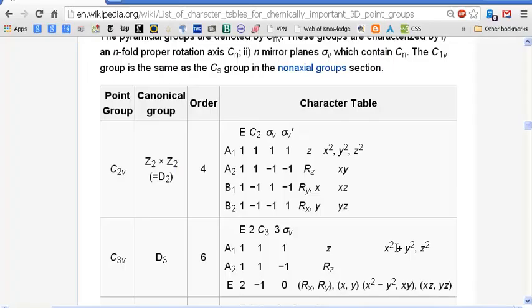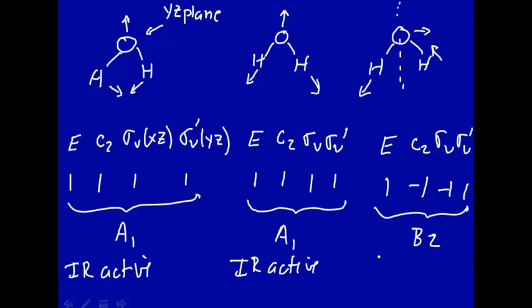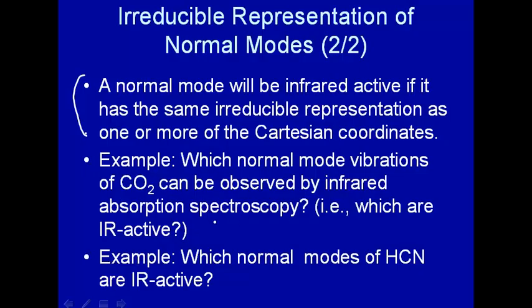Let's look at B2. In the character table for C2v, the y-axis also has B2 symmetry. So since this normal mode has B2 and the y-axis, one of the Cartesian coordinates, has B2, that means that this will be IR active. So far, so good.